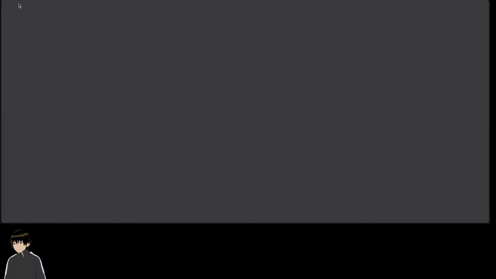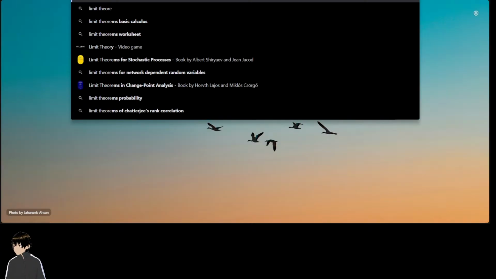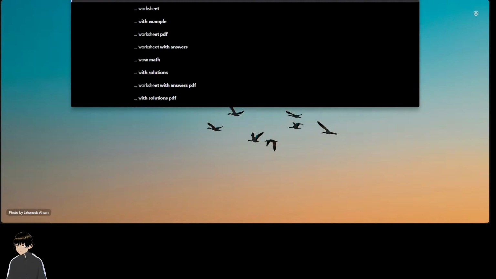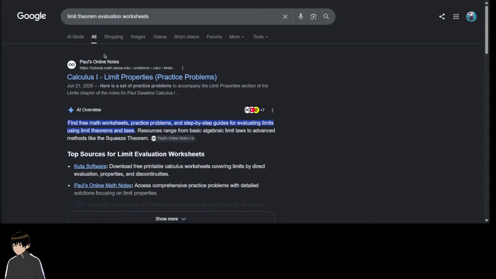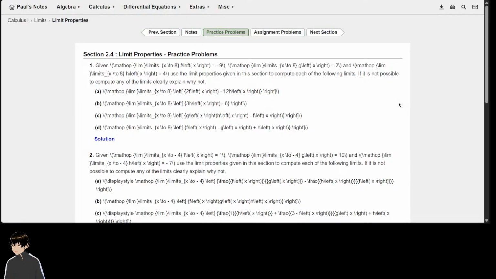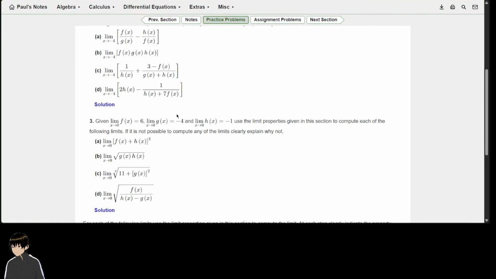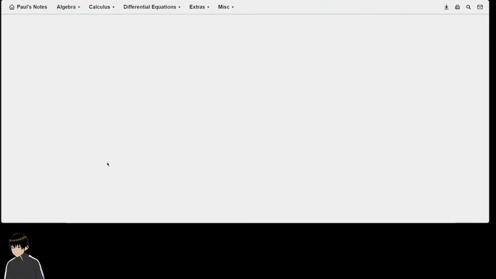Four-step rule. Let me just see some problems. We have Paul's online notes, trying to see the solution here. This is about computing the limits and clearly explaining why not.